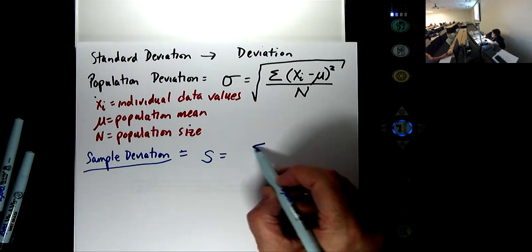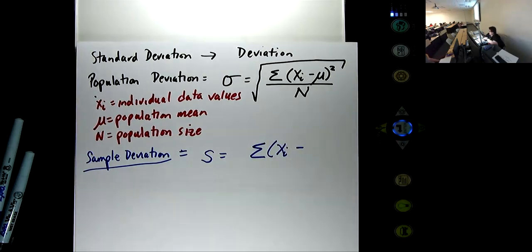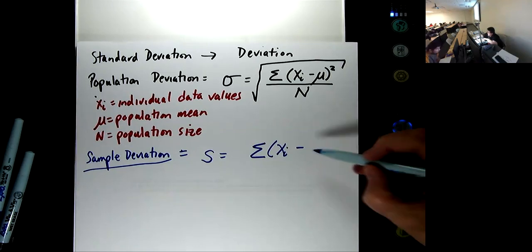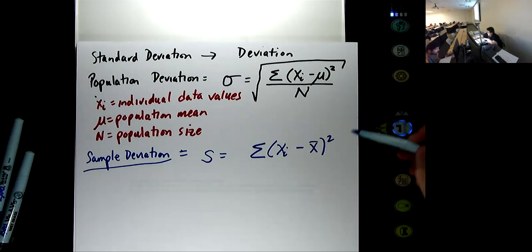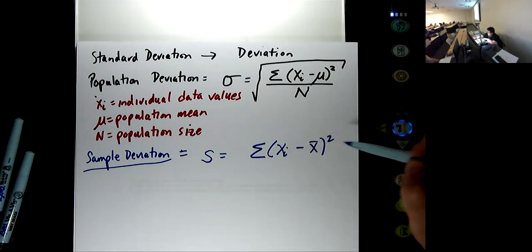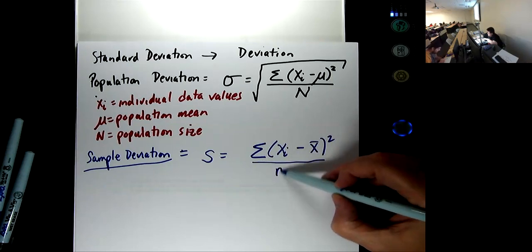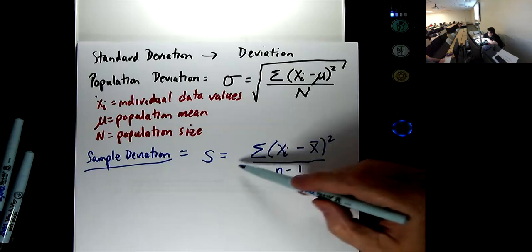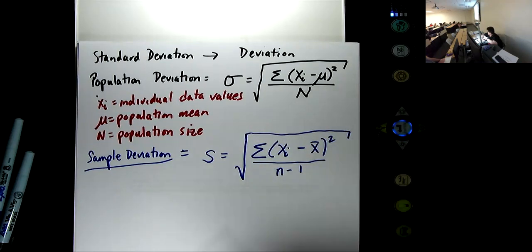We're doing the sum, we're doing xi, we're subtracting the mean. The mean for a sample is x bar. We square it. That's what we add up. We do the subtraction, we square it, then we add up the squares. Then we divide not by the population size, but by the sample size minus 1. And then we take the square root.